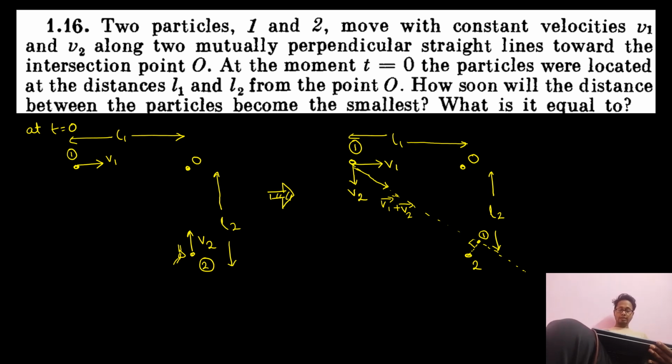So let's draw out the geometry. This is a straight line connecting 2 and point 1. Let's make this angle theta. Let's join this line. If this angle is theta, can I say tan theta is equal to v1 by v2? Tan theta is equal to v1 perpendicular by v2.